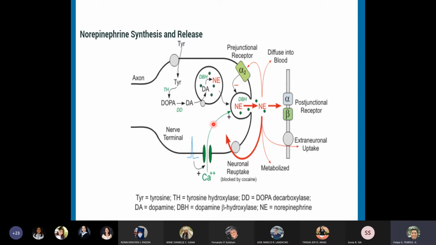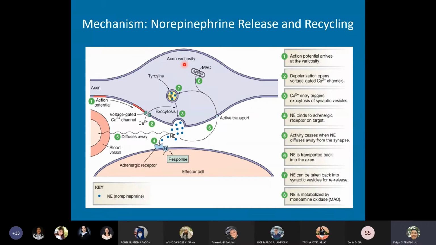As I mentioned earlier, the PNMT is almost unique to the adrenal medulla, but at the same time, to some extent, you can see it in the brain and in the organ of Zuckerkandl. So not entirely unique, almost unique.